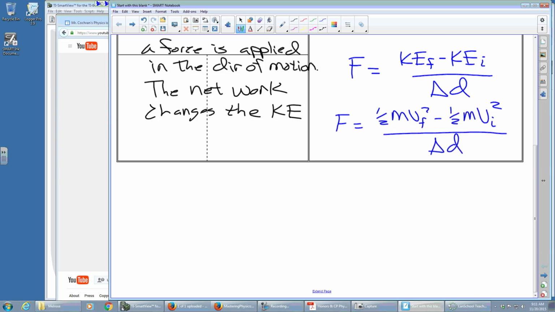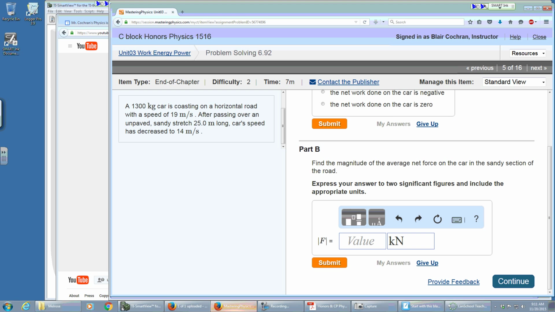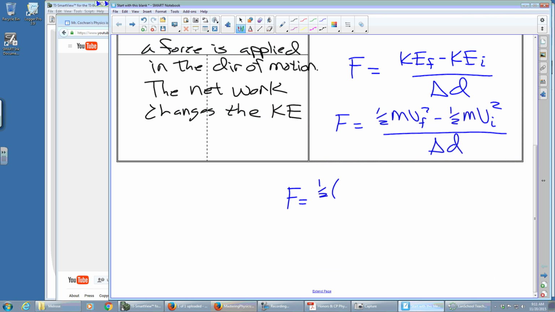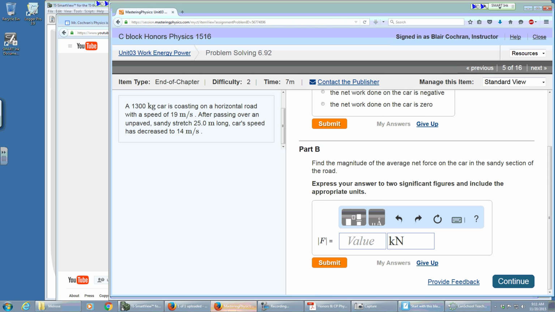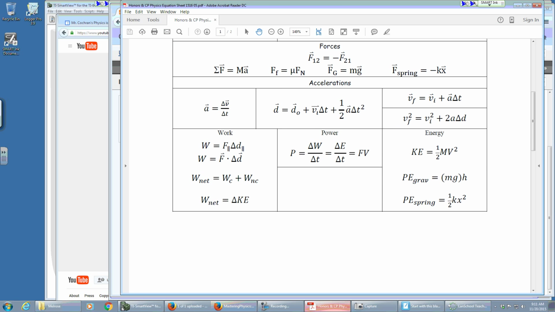Okay. So if you throw in your numbers, then you just know them. It's 1/2, whatever your mass is, 1,300 kilograms. The final velocity, for me, is 14.